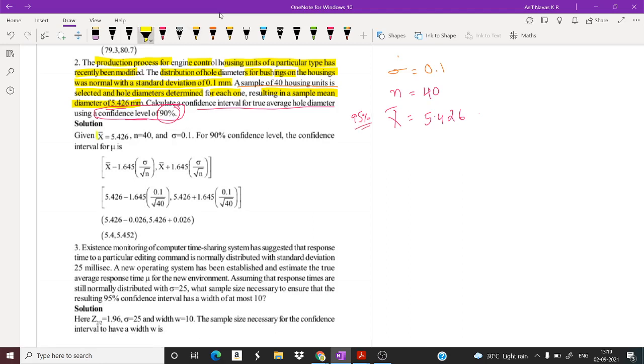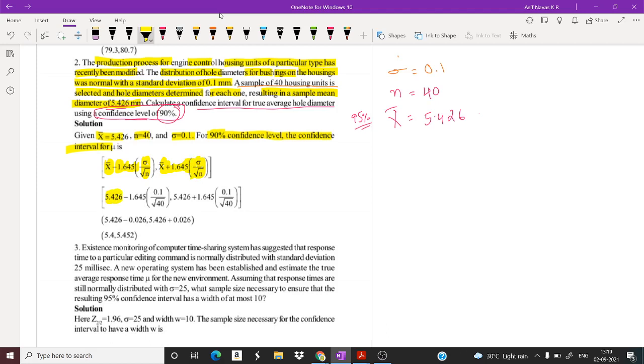So here it's given x bar, n, sigma is equal to 0.1. The 90% confidence interval is x bar minus 1.645 sigma by root n, x bar plus 1.645 sigma by root n.